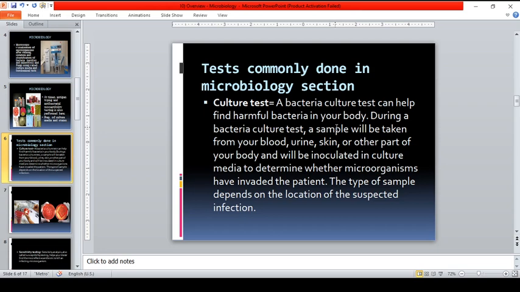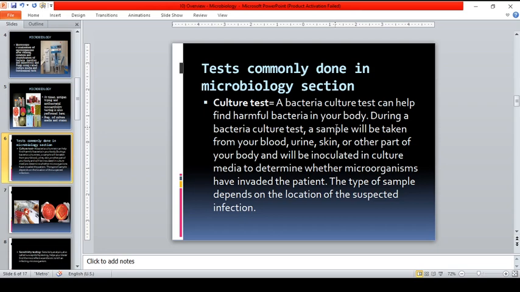However, for the purpose of discussion, let's discuss them separately for you to understand it better. For the culture test, a bacteria culture test can help find harmful bacteria in your body. During a bacteria culture test, a sample will be taken from your blood or other parts of your body and will be inoculated in culture media to determine whether microorganisms have invaded the patient.